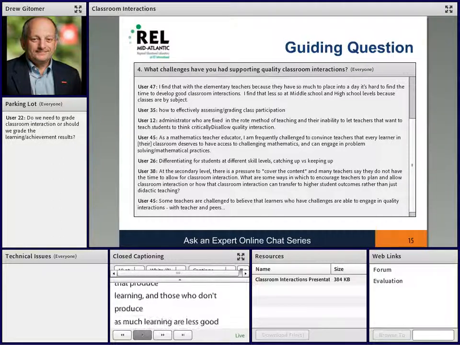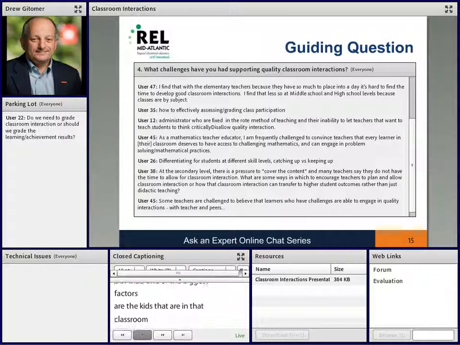Well, it turns out it's a whole lot more complicated than that. One of the biggest factors is the kids that are in that classroom, and the measures that we have are in some ways relatively insensitive to what goes on in the instruction.